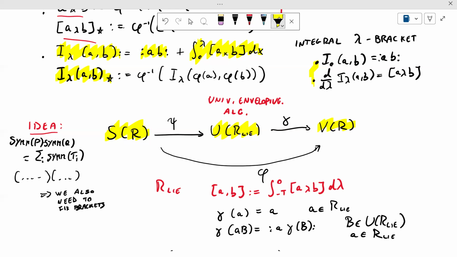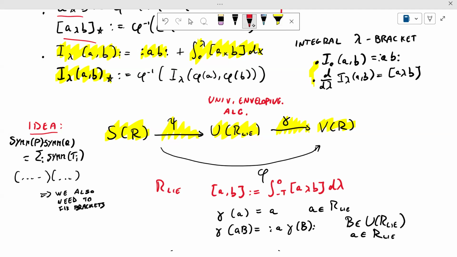So we split the problem into two. We have this bit here, gamma, and pulling back along this one forces us to fix all the parentheses. And then this pullback psi is now just an ordinary quantization map of the type we were discussing before, between Poisson algebras and associative algebras.